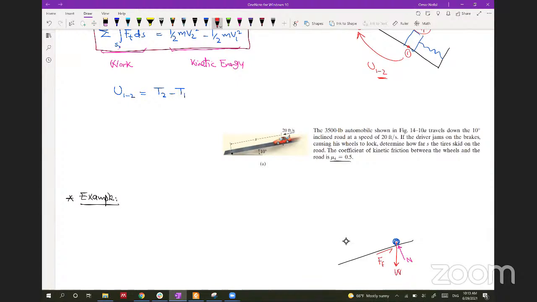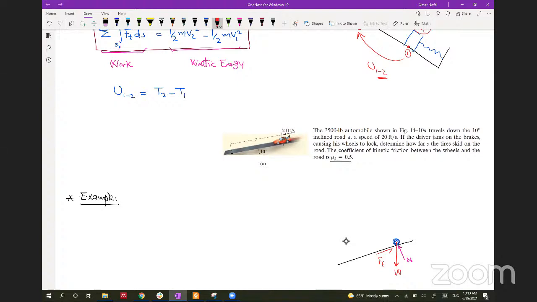So these are all the forces that we have. We don't have a spring force. We don't have a constant force because the motor force will stop once you push the brakes, and also it is not given, so the motor force of the car will not be included.